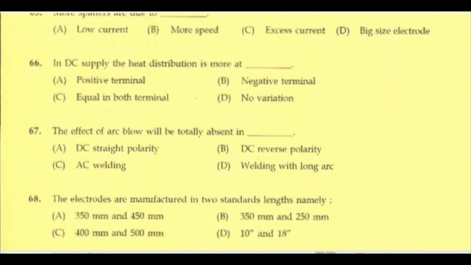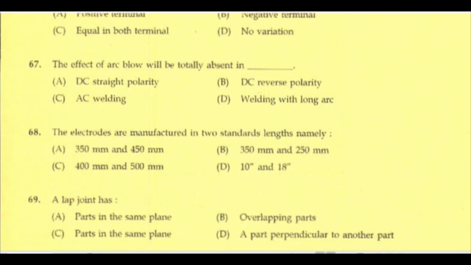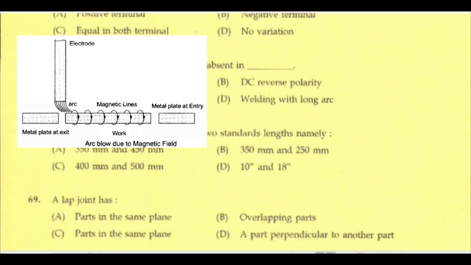In DC supply, heat distribution is more. The more heat will generate at the positive terminal. The effect of arc blow will be totally absent in AC welding. Arc blow, we know, is due to deflection of arc.